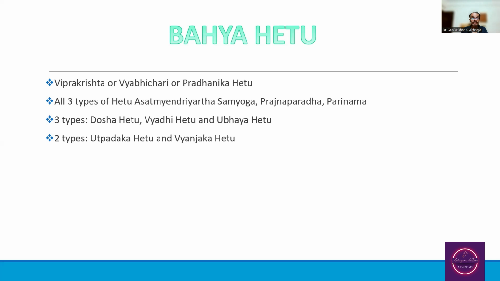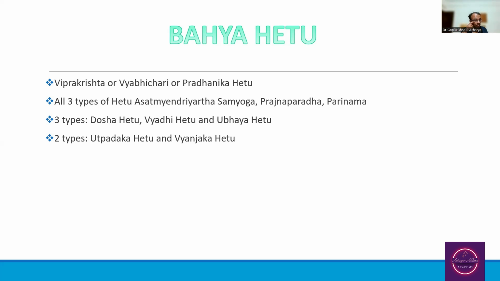They can be termed as Asatmendhyartha Sanyoga, Pradnyaparatha, and Parinama also. They can be termed as Dosha Hetu, Vyadhi Hetu, and Upaya Hetu. They can also be termed as Utpadaka Hetu and Vyanjaka Hetu. But Sannikrishta Hetu is Kapha Dosha.